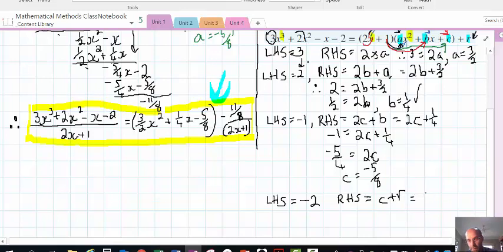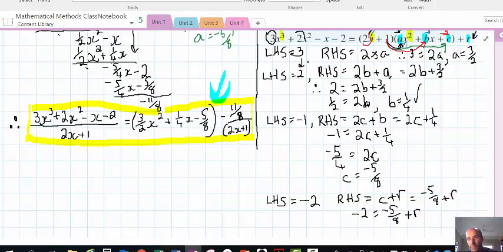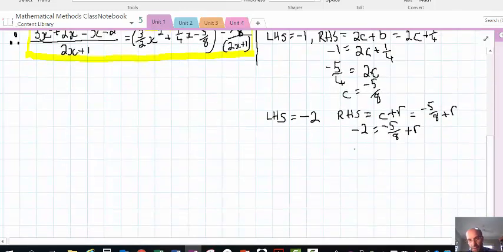C is -5/8, so we've got -5/8 plus r on the right. So equating left and right, we've got -2 equals -5/8 plus r. Now remember, -2 is the same as -16 on 8.